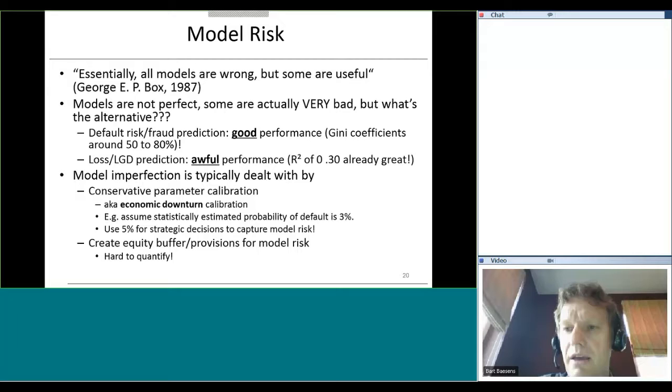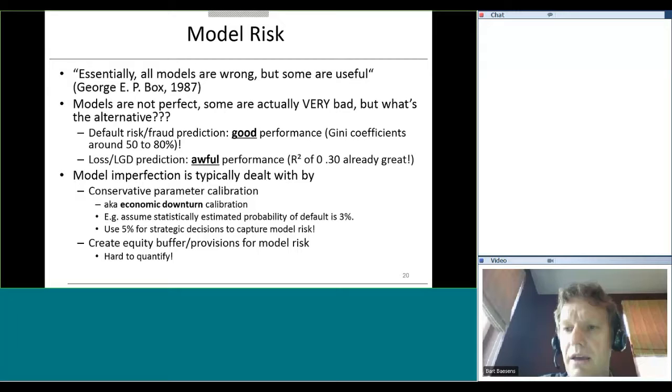So predicting LGD, in contrast to predicting PD, as we already mentioned before, is a very challenging and difficult exercise. This is something we can complain about, but at the end of the day, there's not much we can do about it. It's just a very hard prediction task. So how can we deal with model imperfection? Well, from a credit risk perspective, we can deal with model imperfection by doing conservative parameter calibration.